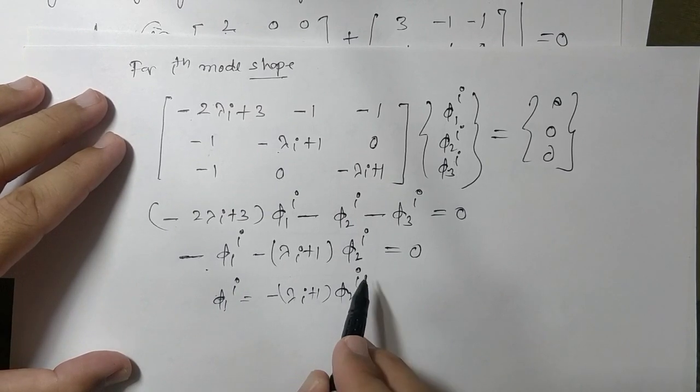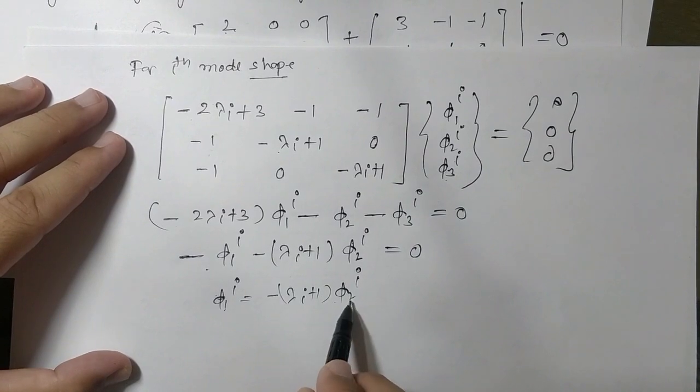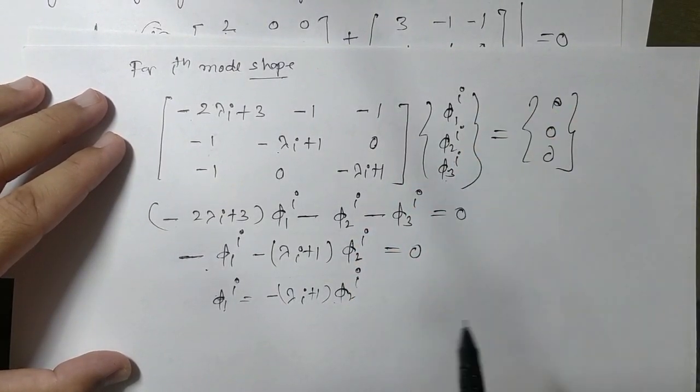If we can find the value of phi 3i in the form of phi 2i, then we can write the mode shapes.